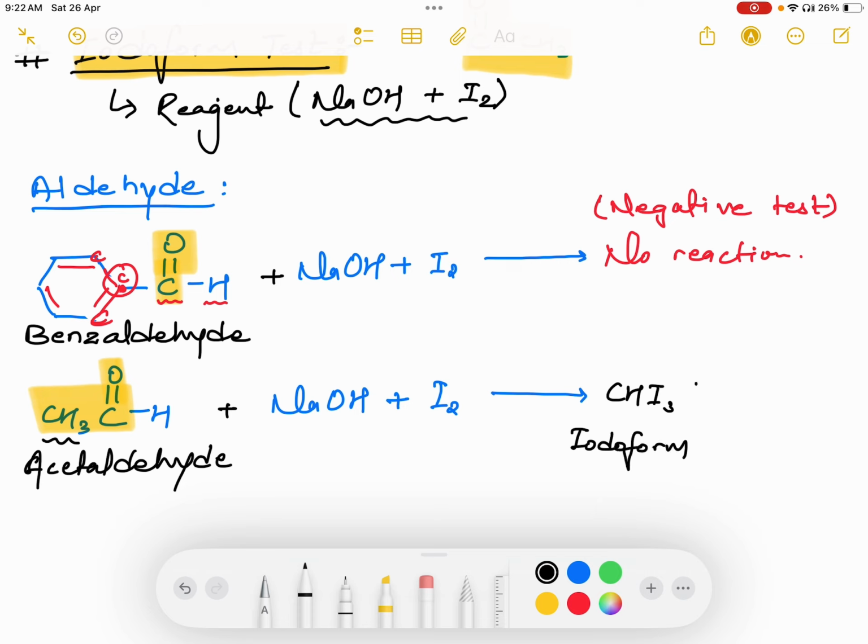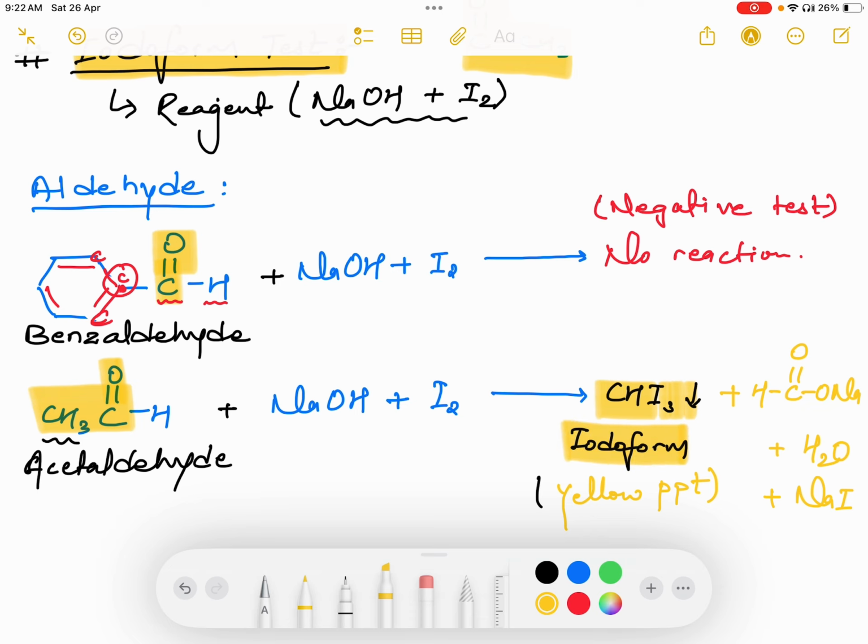It gives a yellow precipitate, along with the liberation of HCOONa, along with water and NaI. So the major product over here is your CHI3, or iodoform.